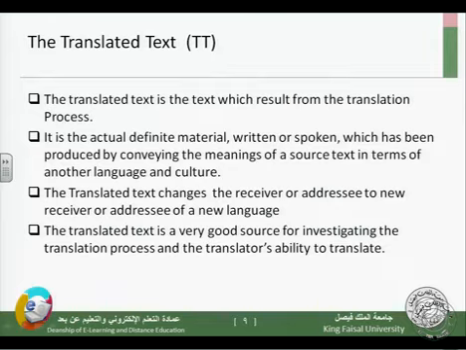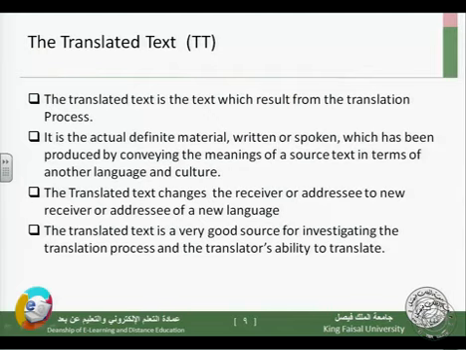This translated text is addressed to who? To English-speaking people, not to Arabic speakers, but rather to English speakers, where they can read this text in English. And this translated text reflects the culture and the language of the source language and source text.